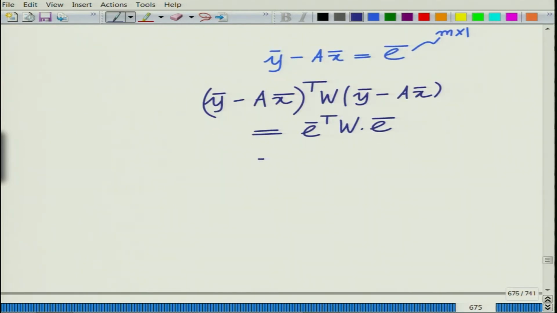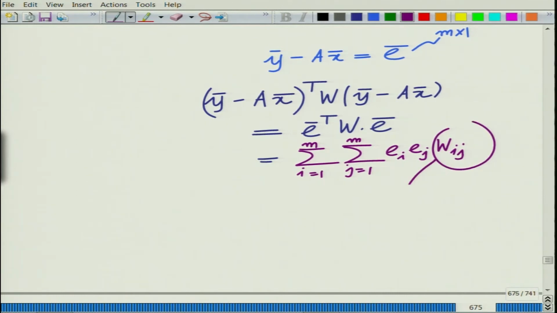You can write this as the sum over i equal to 1 to m, j equal to 1 to m, of E i times E j times W i j, where W i j is essentially your weighting coefficient.